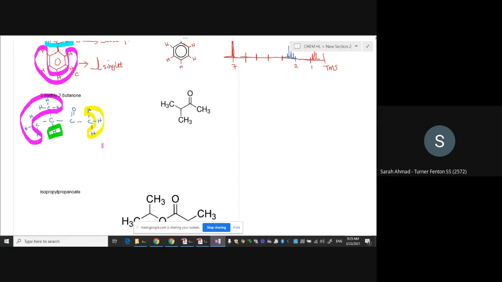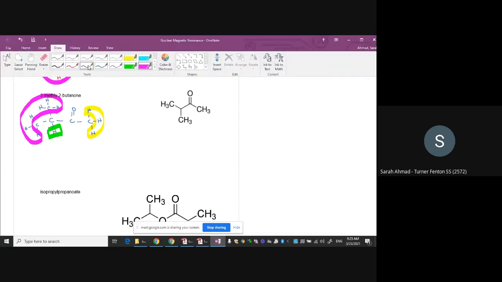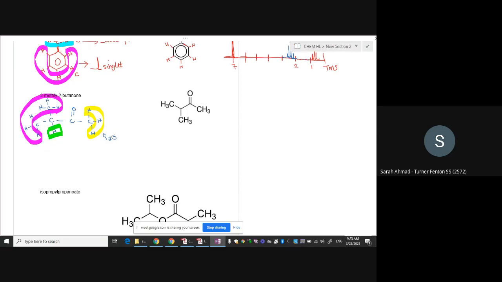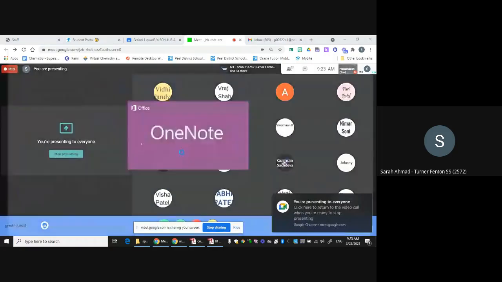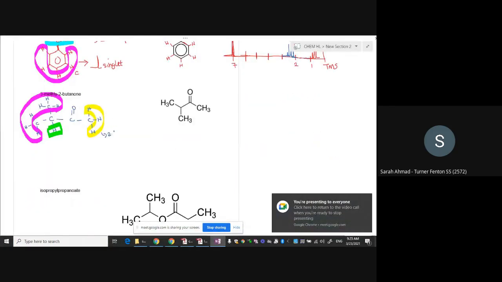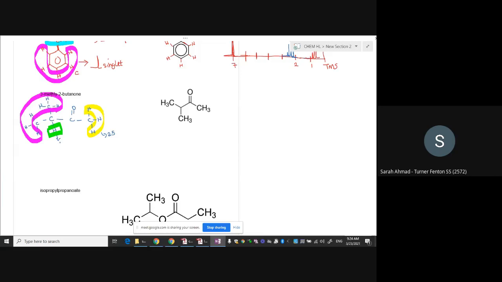So I would say these would be more in the 2.5 range. The second proton would be 2.5-ish. This would probably be, I'd say, like 2.3, and then I guess this would be 2.2, or higher, even lower. 1, 2, 3. Yeah, ish.